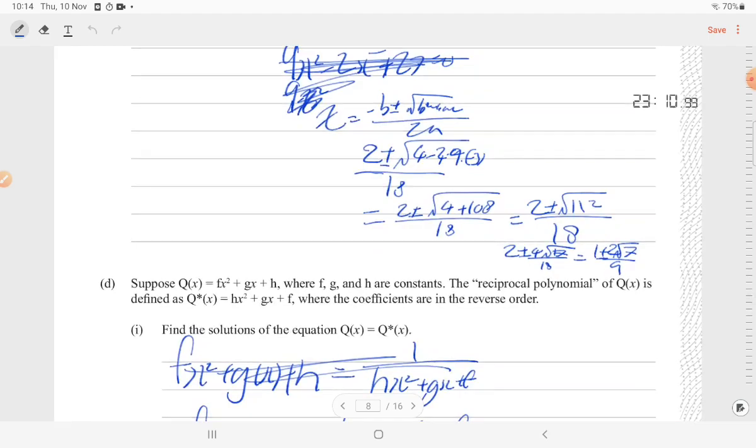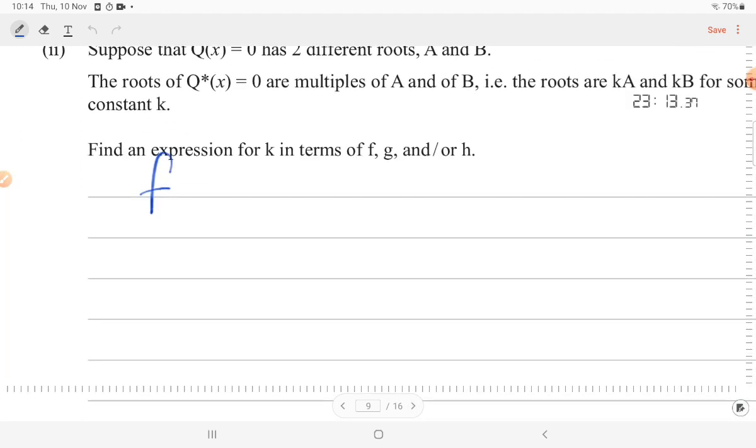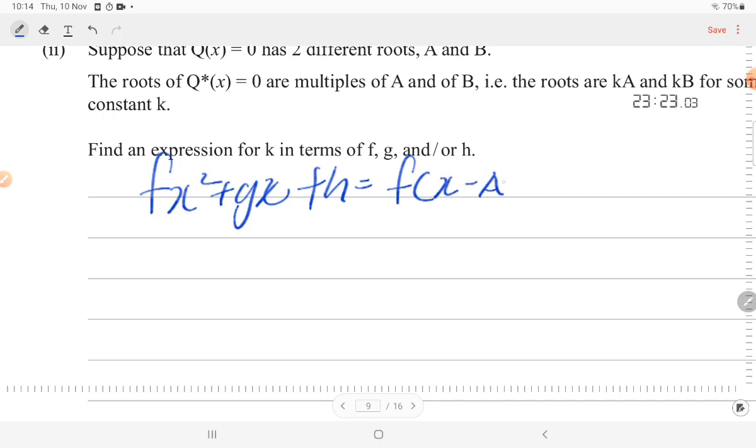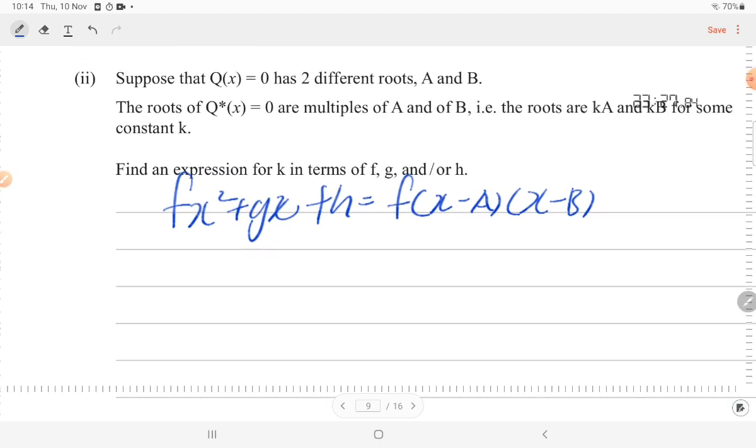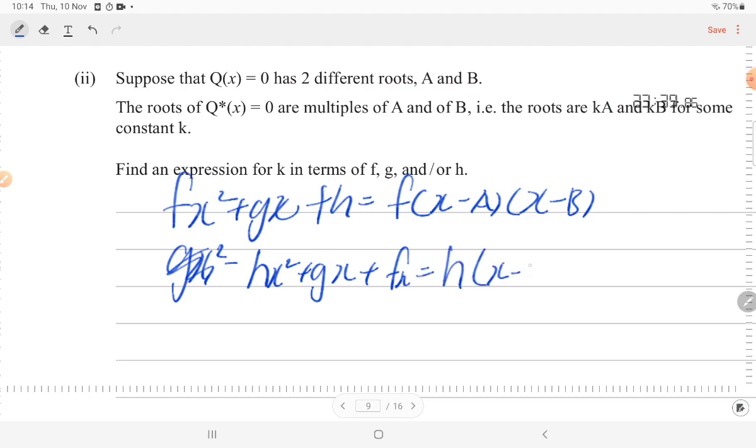Q is if gh plus h is equal to if x minus a, x minus ka, x minus kb.